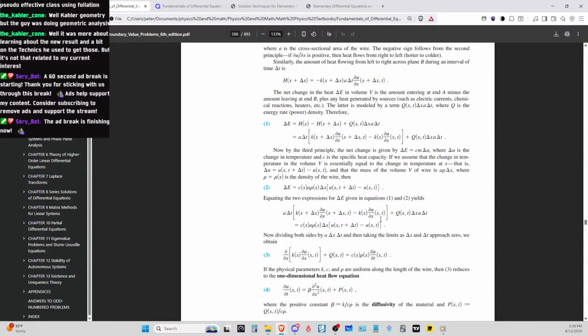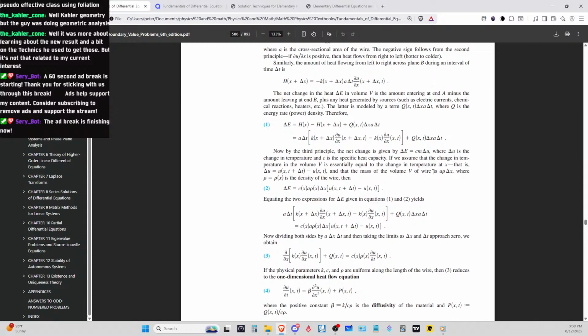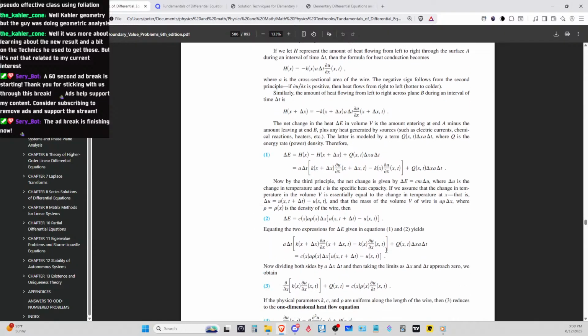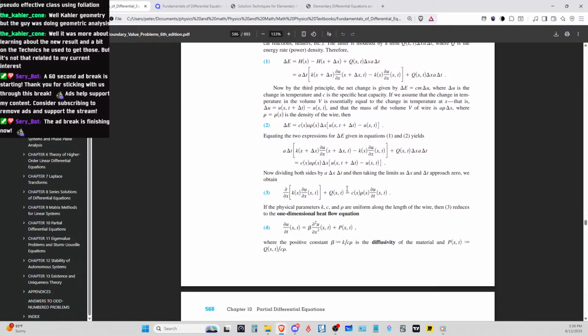So these expressions are practically equal to each other. They're equivalent to each other, because if E is equal to this, then why equate these two expressions given in equations 1 and 2? Okay, so make these equivalent to each other.